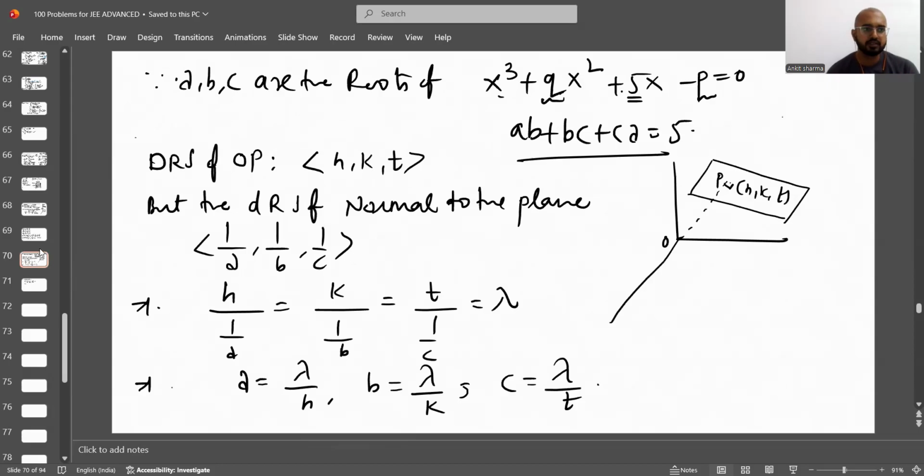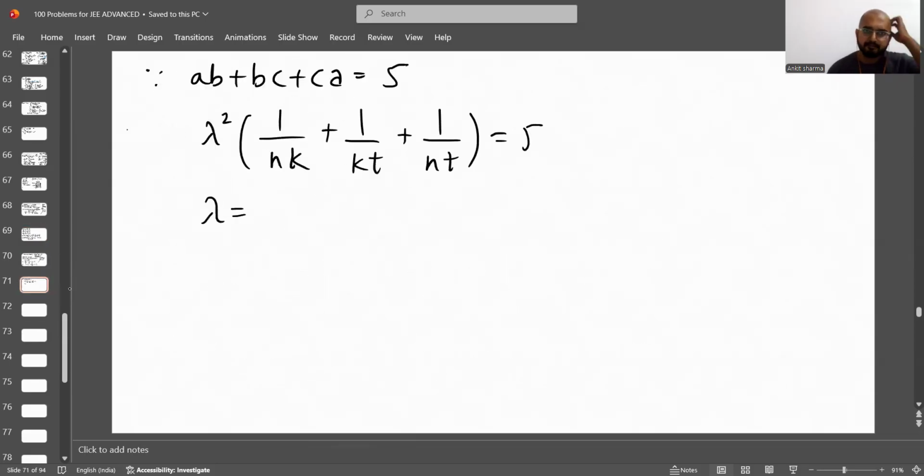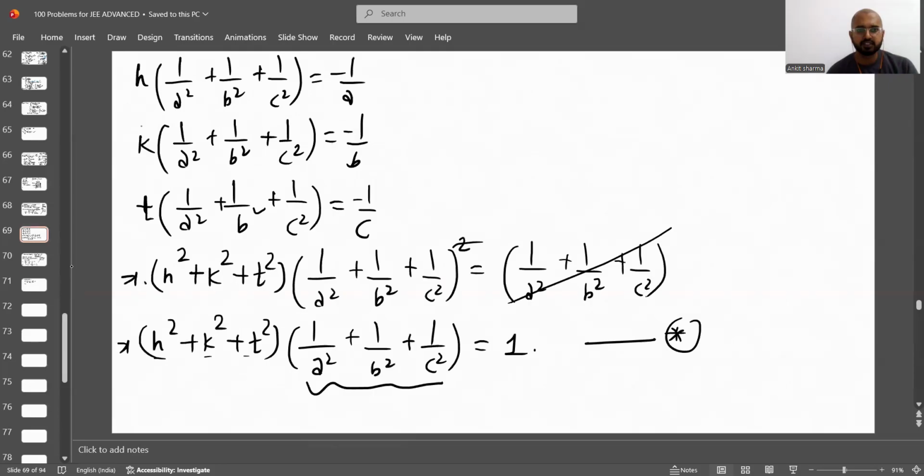What do I need basically? I need H square, K square, T square. I have 1 over A square, 1 over B square, 1 over C square. I want this one basically. Let's use this one only.